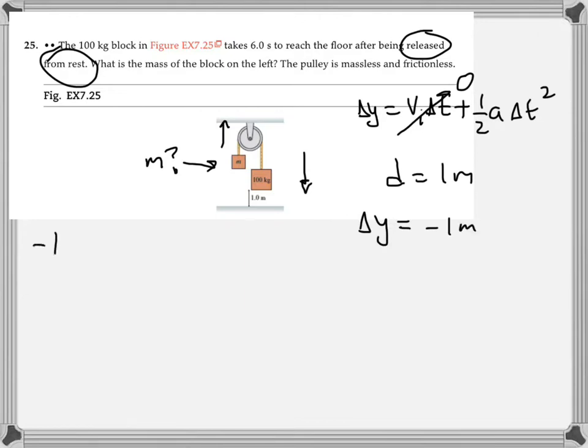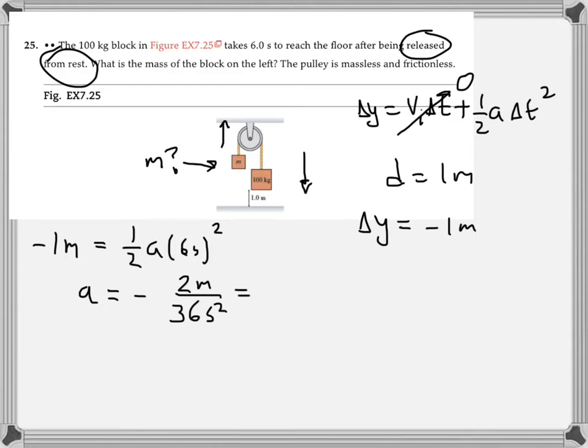So minus 1 meter equals 1/2 of the acceleration, and the time is 6 seconds, so 6 seconds squared. So the acceleration is going to be negative 2 meters divided by 36 seconds squared. And that gives you negative 1/18 meters per second squared, negative because the 100-kilogram block is going down.